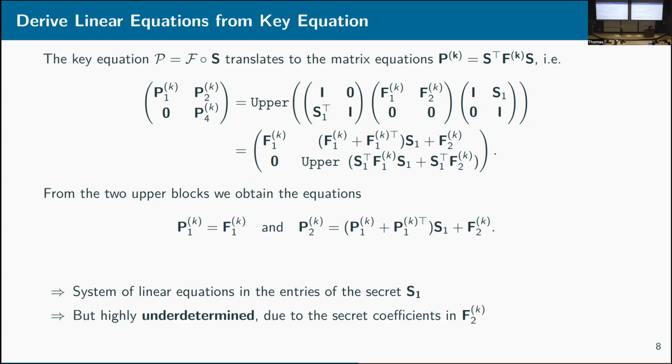So they somehow hide the values in S. Because for every equation we get from the entries of this matrix equation, we also get an unknown value in F2.